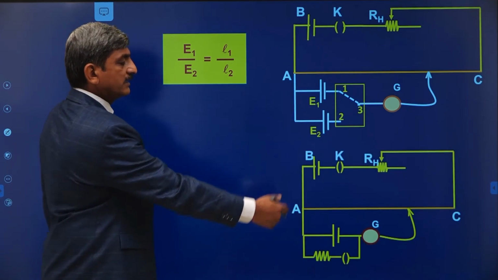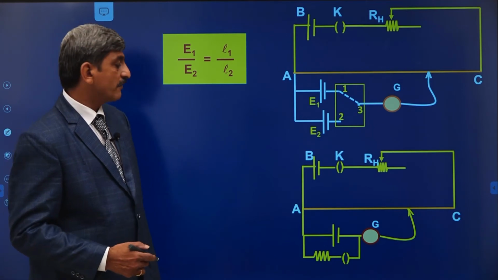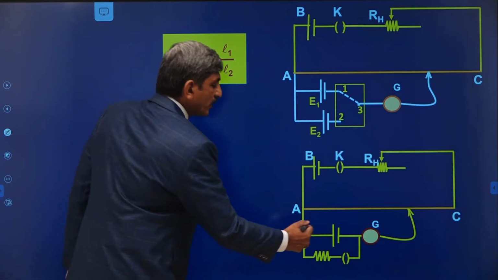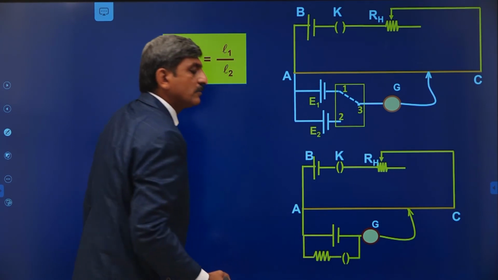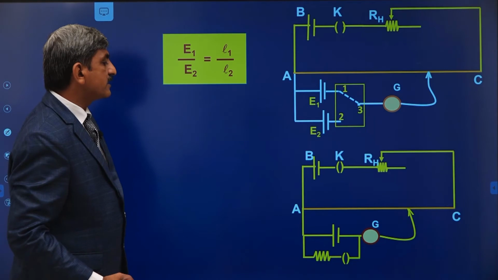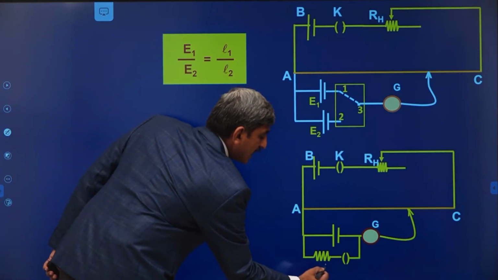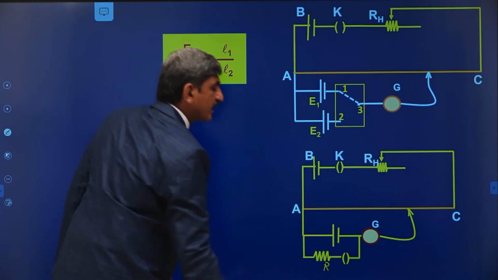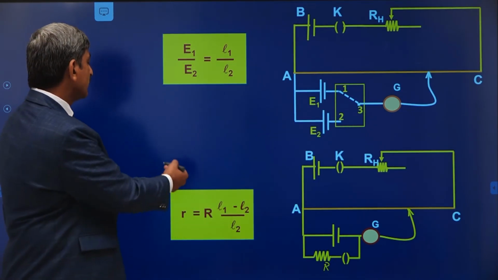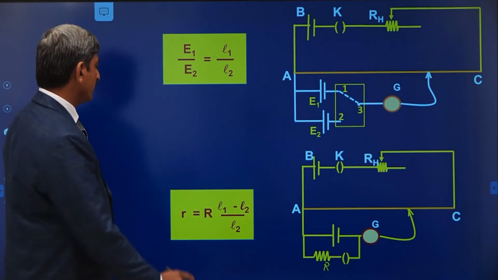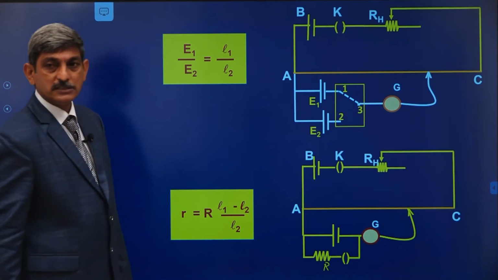And see another circuit which is used for the determination of the internal resistance of a cell. If suppose only the cell is connected in the secondary circuit and the balancing length is obtained as L1, and if suppose a resistance R is connected across this cell in the secondary circuit and the balancing length is obtained as L2, then the internal resistance of the battery is given by r is equal to R of (L1 minus L2) divided by L2.